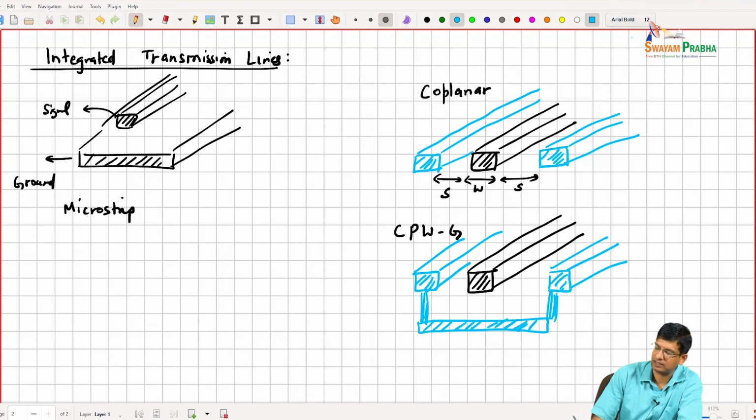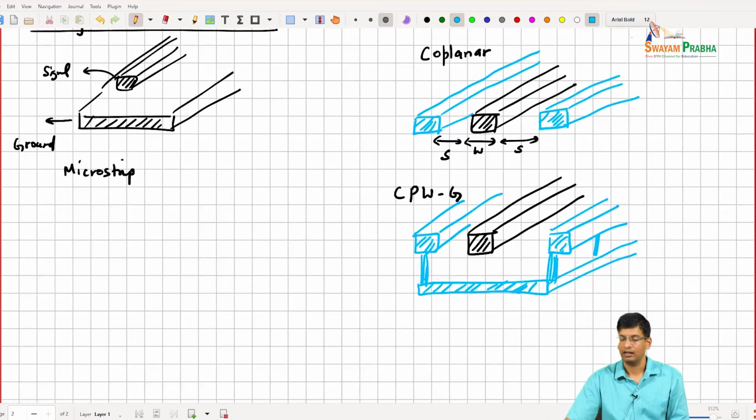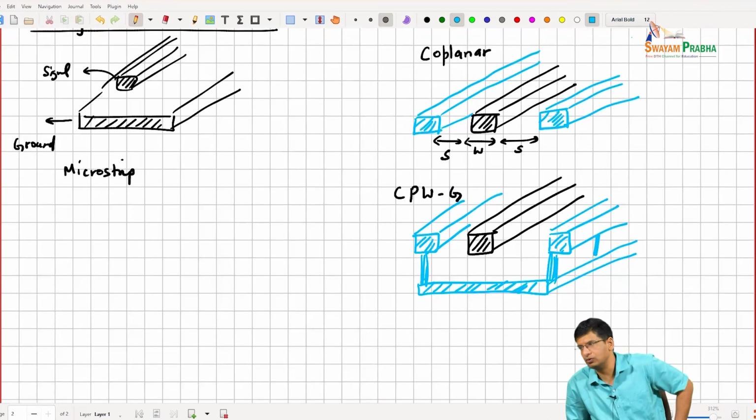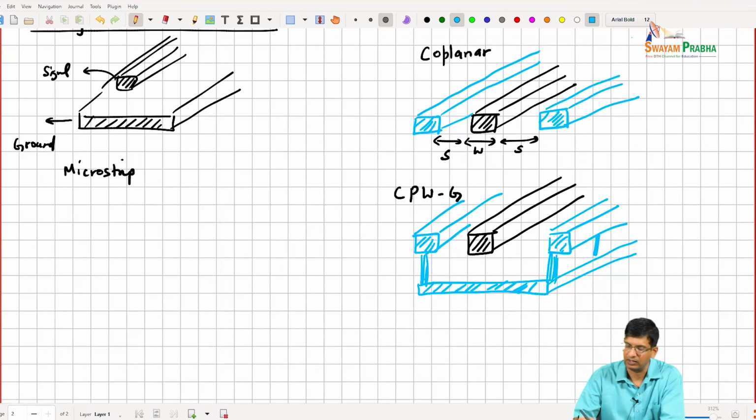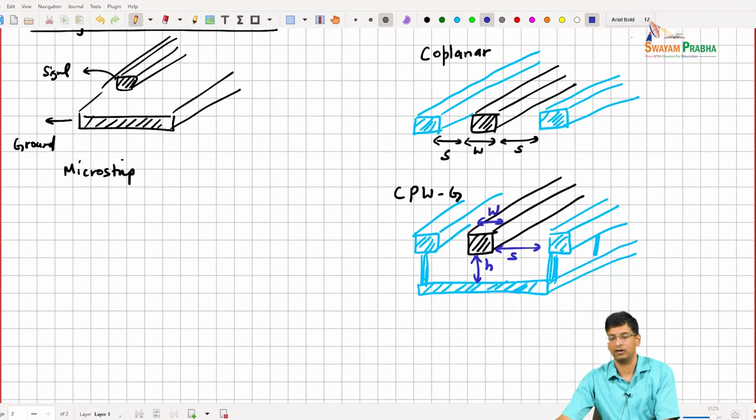So this approach makes sure that we protect the waveguide from the substrate, and also it makes sure that there are no spurious modes that occur. So in this case, again, the impedance is set by the height that we have here, the spacing that we have here, and the width that we have over here.